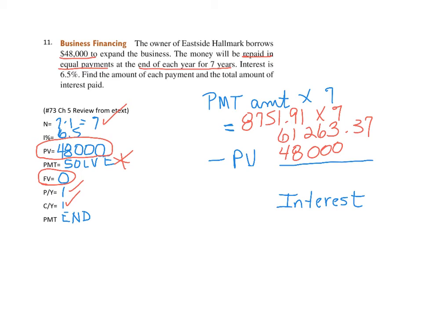So the amount of interest that we will have paid to borrow that $48,000 is $13,263 and 37 cents.